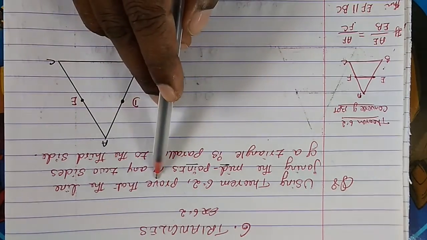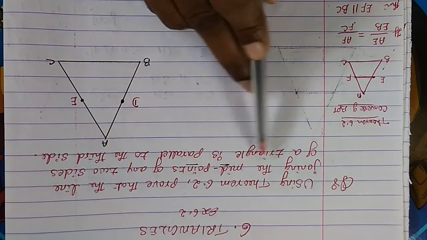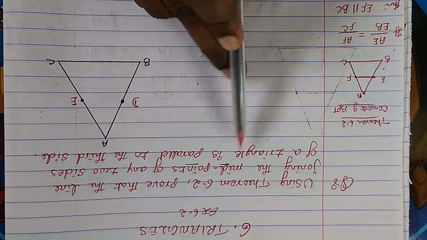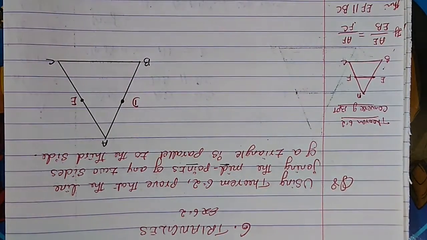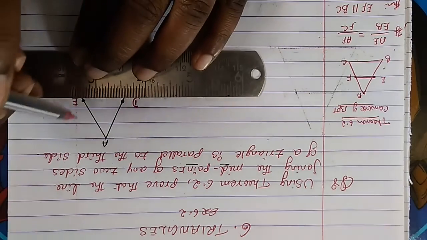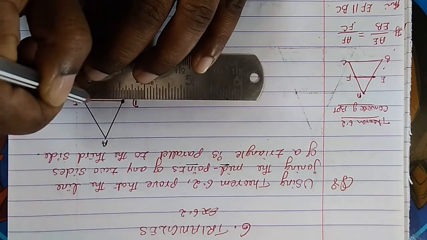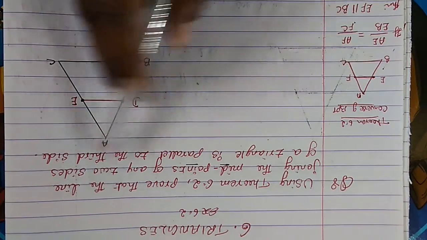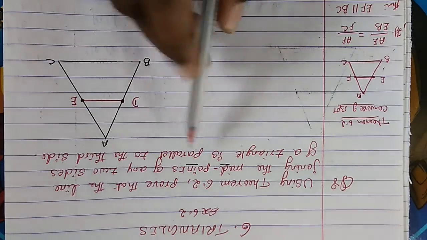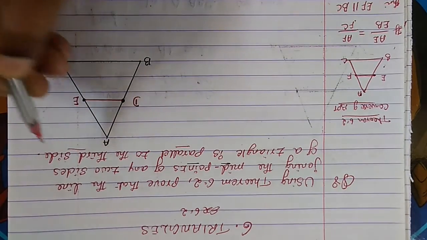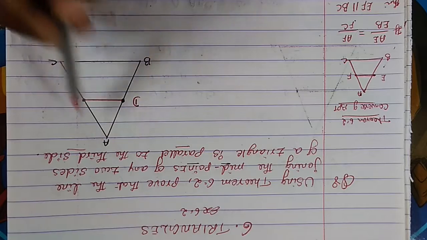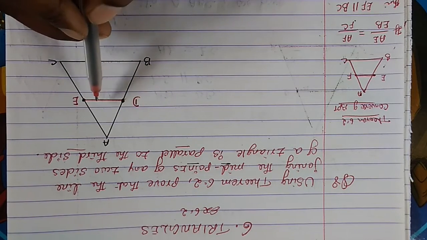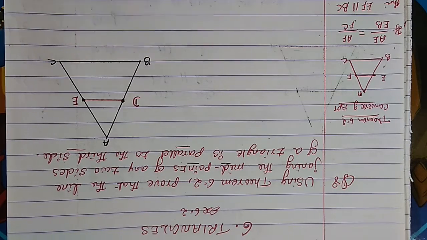Now we join the midpoints. The line joining the midpoints of any two sides of the triangle is parallel to the third side, so we have to prove that.